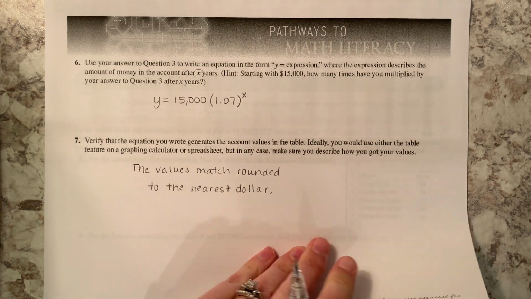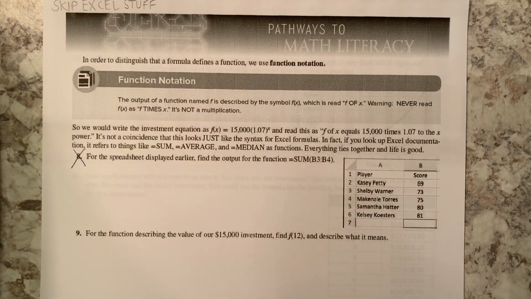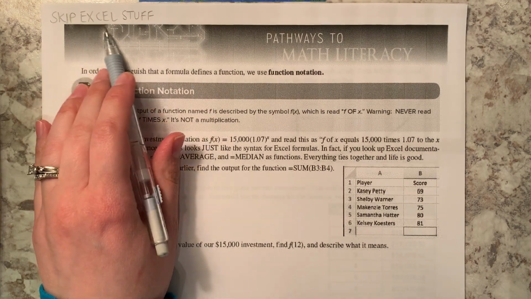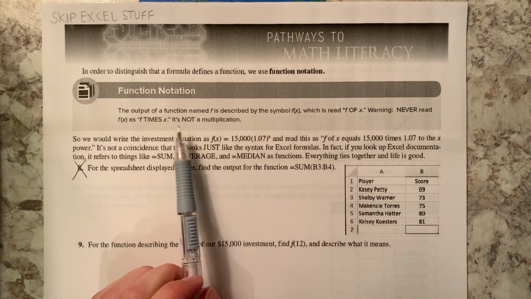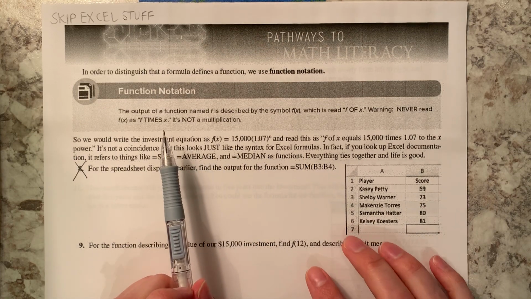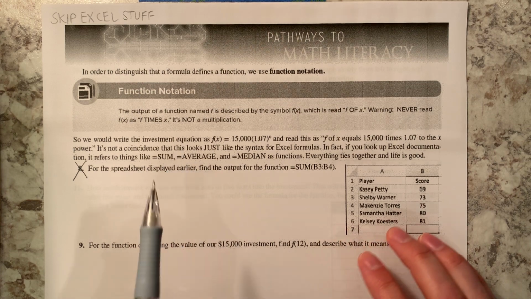Okay, moving on. All right, I actually just skipped a pretty significant paragraph in the textbook. I felt like it wasn't really necessary for us to talk about. It's about Excel. So I put at the top to remind myself that I skipped the Excel stuff. They start talking about something that you learned in Algebra 1, actually, function notation.